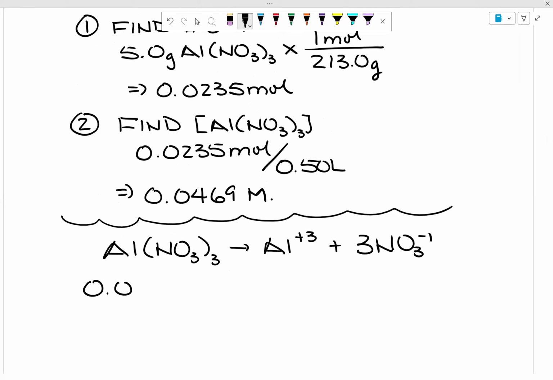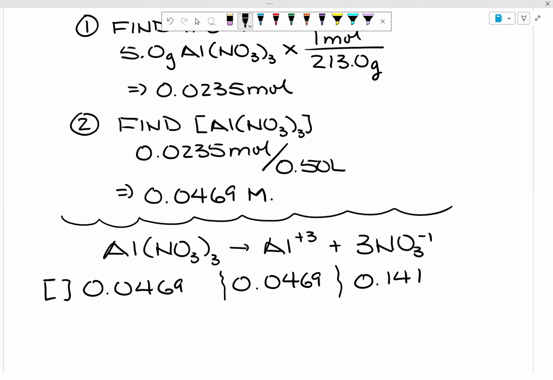So the aluminum is 0.0469, and the nitrate would be 0.141 molarity.